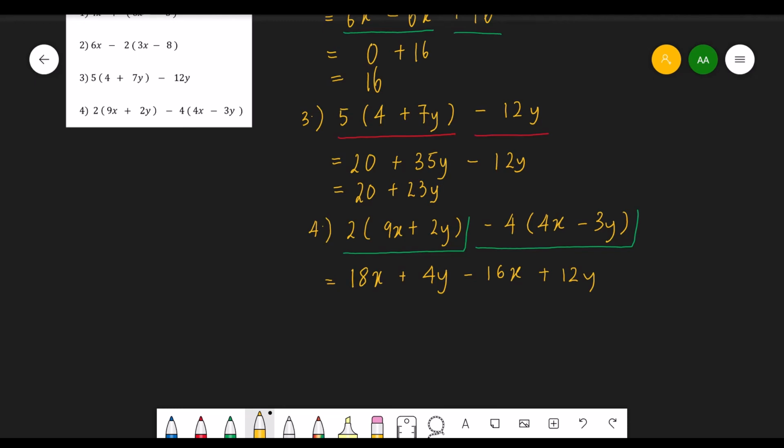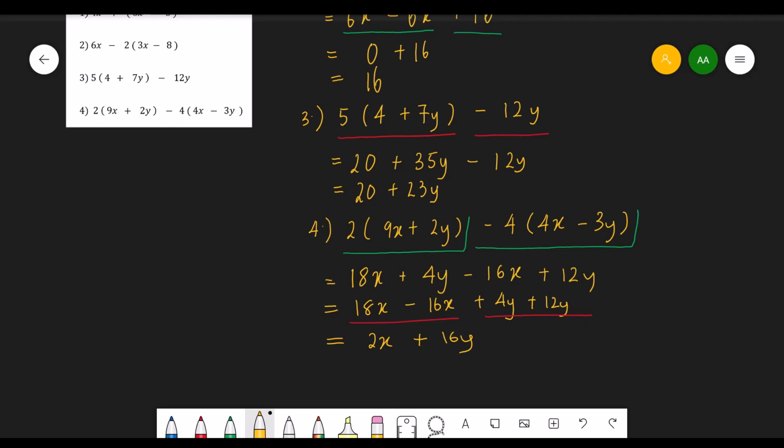In case you need to do a rearrangement, you can do so. So you have 18x minus 16x plus 4y plus 12y. In the end, this is our first kind of like terms, and second kind of like terms here. So 18 minus 16 is 2x, 4 plus 12 is 16y, so 2x plus 16y.